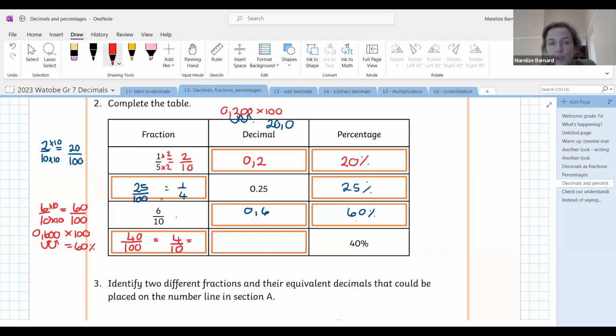And we can go further and simplify it even more by saying how much? What is 4 tenths? 2/5. Nice. And 40% is the same as 0.40.